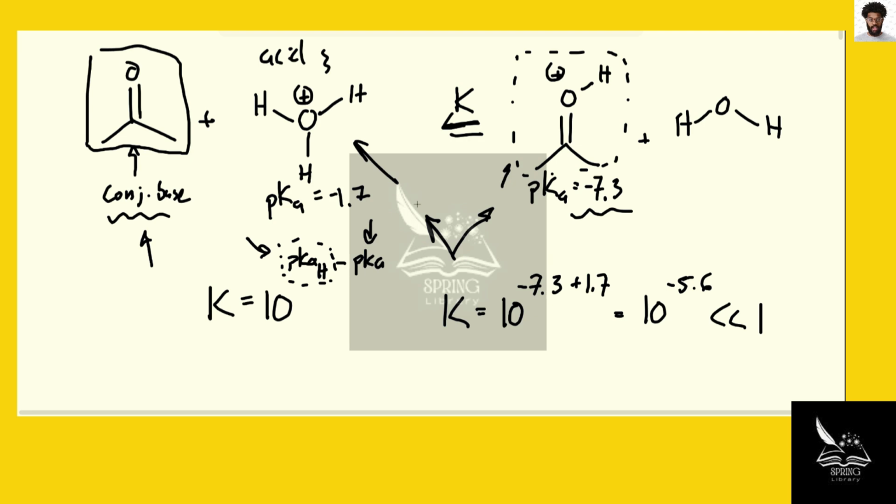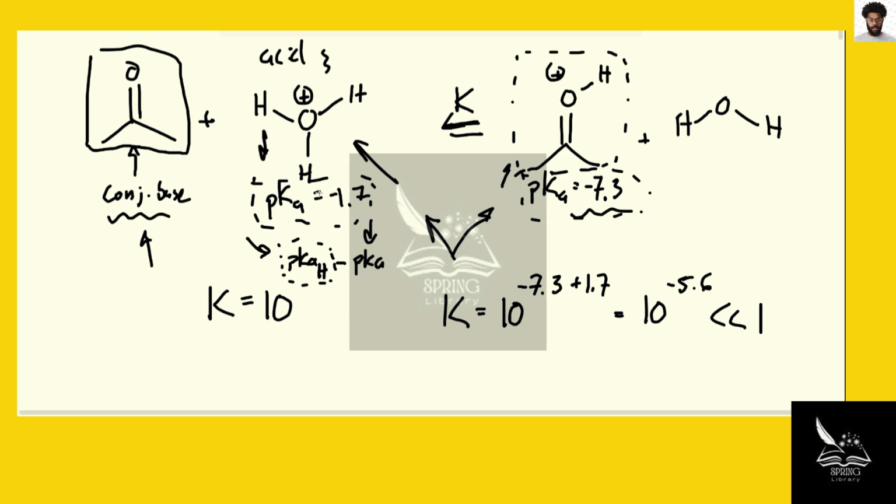The other thing to do is you could just say we're going to favor the form, if we compare the acid on the left and the protonated conjugate base on the right, the one who has the higher or the less negative pKa is going to be favored, right?